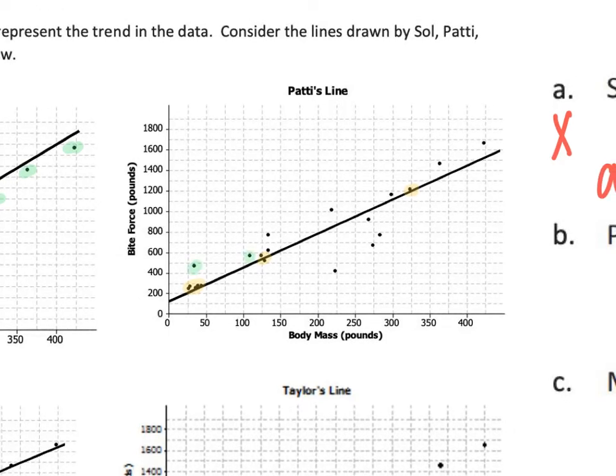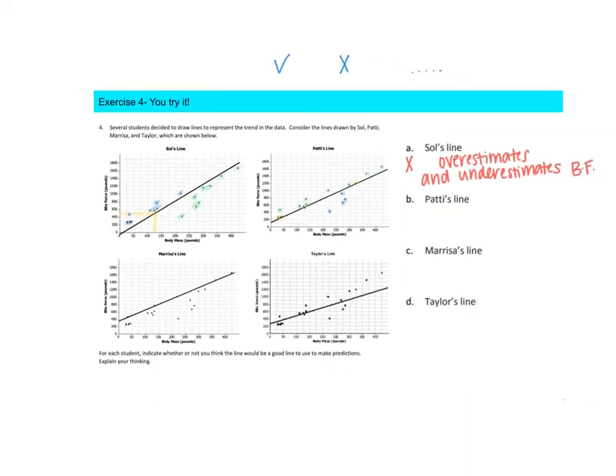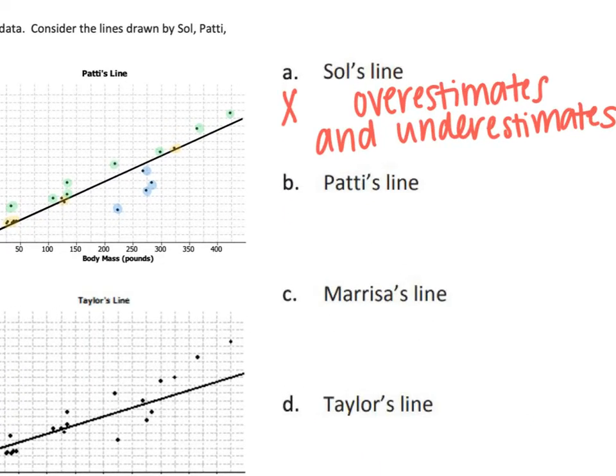And there are a few that are kind of farther away, but it's closer to a lot more points than that last graph, right? It's going to predict very accurately a lot of these points. And the ones that it doesn't accurately predict, it's really close to all those green dots up here, right? So I would say Patty's line is a yes. Because it's as close to as many points as possible.